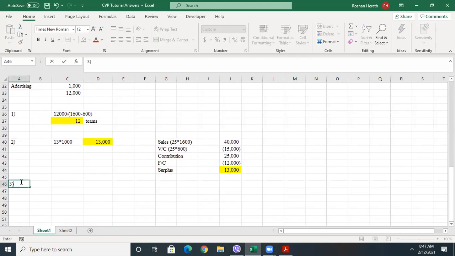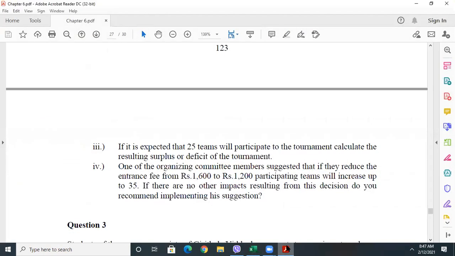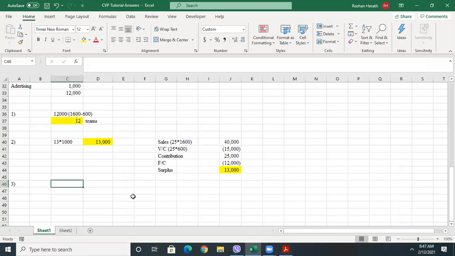Now looking at part 3, what is that? One of the organizing committee members suggests that if they reduce the entry fee to 1,200, the participants will increase up to 35. If this is the case, is this going to be a good decision? That's what it asks. Again, you can work out the sales, or in fact, you could have taken the contribution at a stretch.